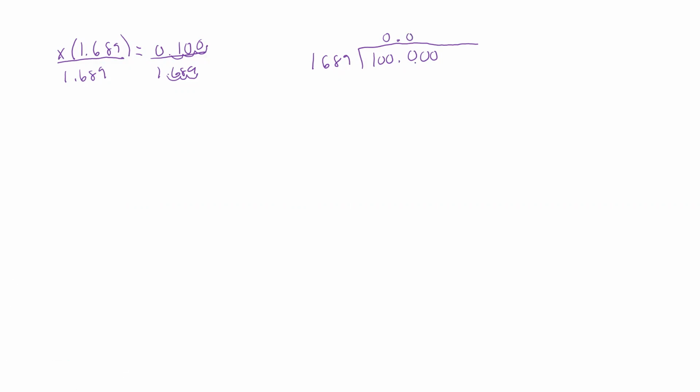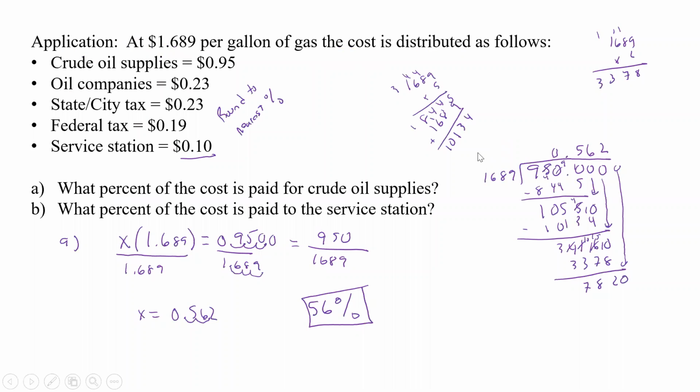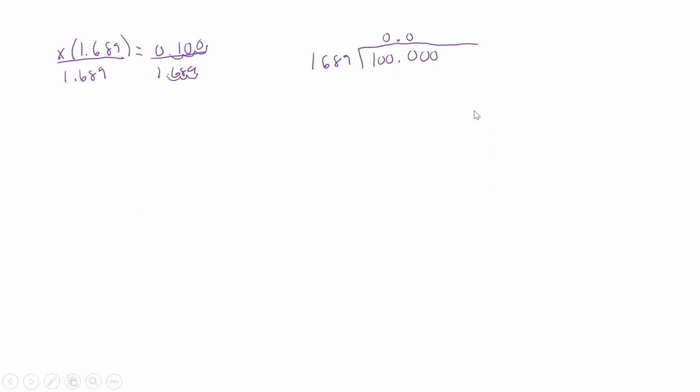Now into 10,000, if we look back and we cheat, 1689 times 5 is 8445, so that would work. We've already done the math, so it's not really cheating, but it looks like it when we're not doing it on this page. Then that's 9.